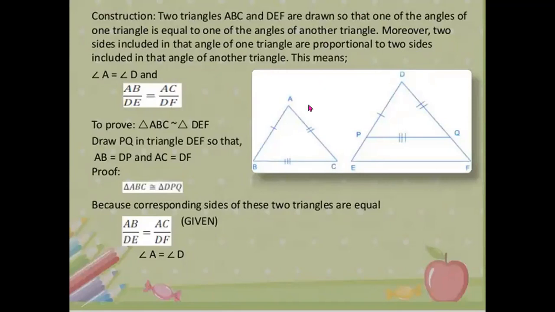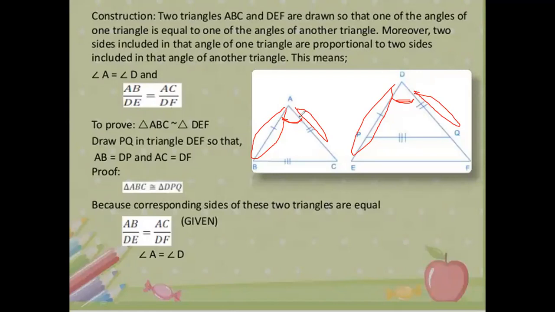So this means that if this side is proportional to this side, and one angle is equal to the other angle of the triangle, and then the second side is also proportional in here, we can say that those are similar triangles.